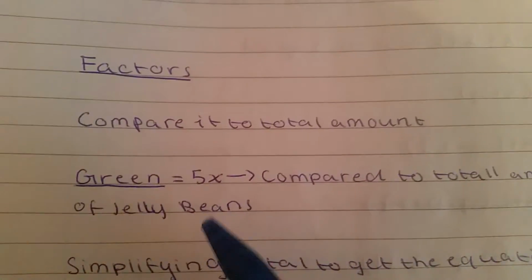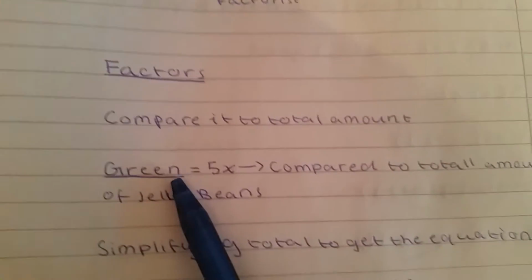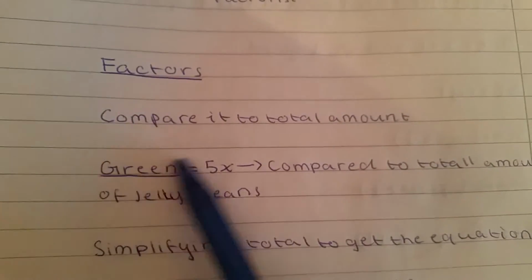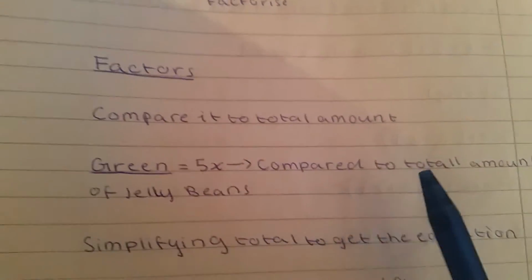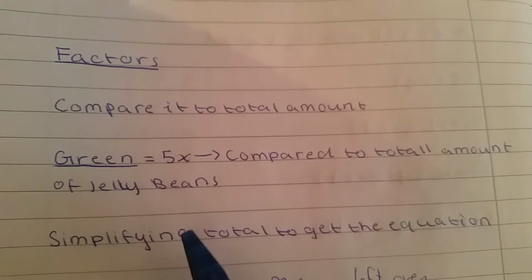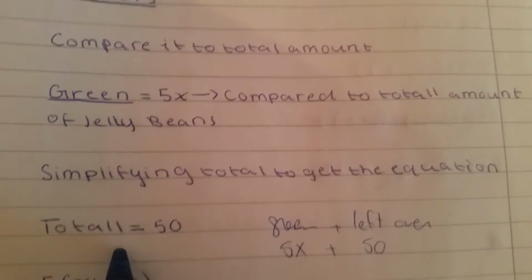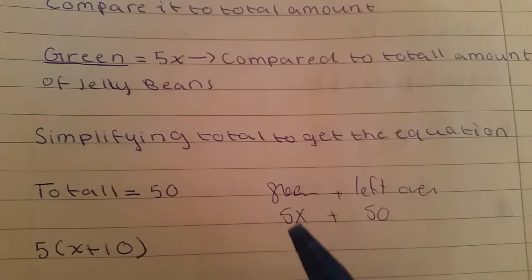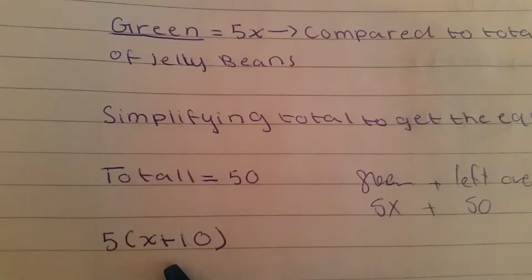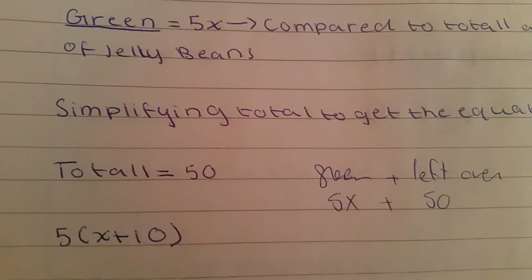So, for example, if we use the example of the green jelly beans, we would compare it to the total amount. So we'd write 5x compared to total amount of jelly beans, and then to simplify this equation, we could write, so the total is 50 for an example, and the number of green jelly beans are 5.